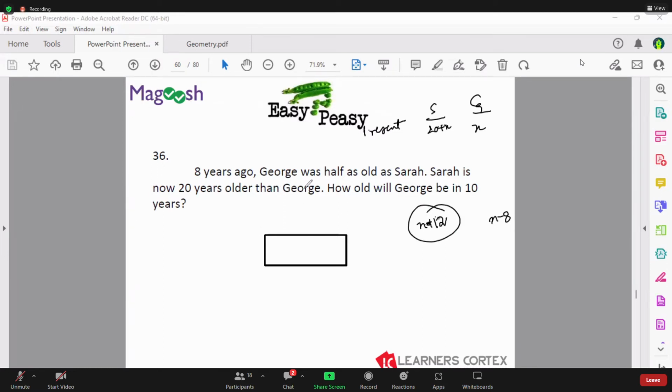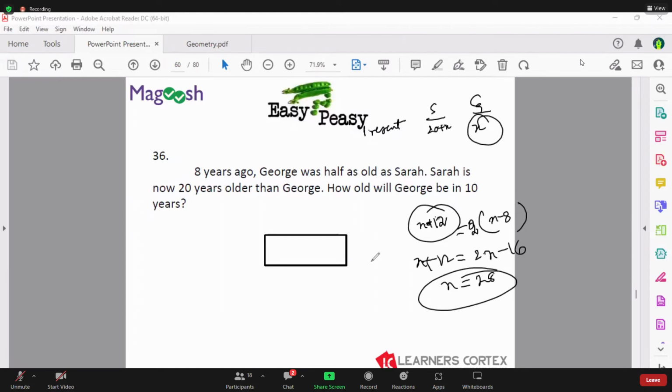And it says that George was half as old as Sarah. So if you multiply 2 here, the ages become equal. So X plus 12 is equal to 2X minus 16, where X is equal to 28. So George is 28 right now, and 10 years later, George will be 38 years old. So that here is the answer.